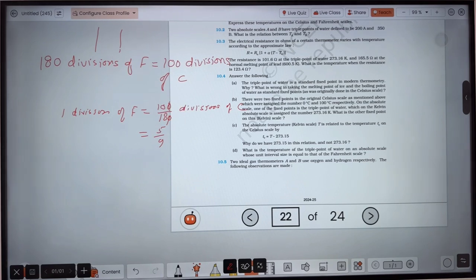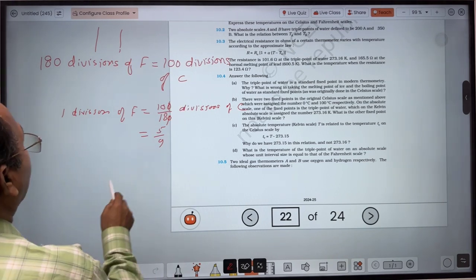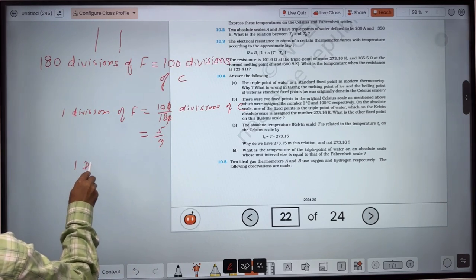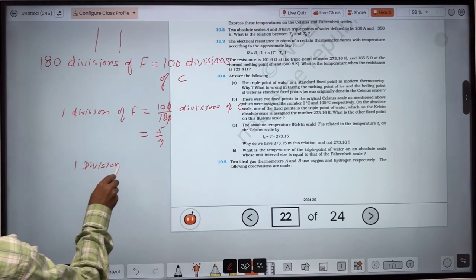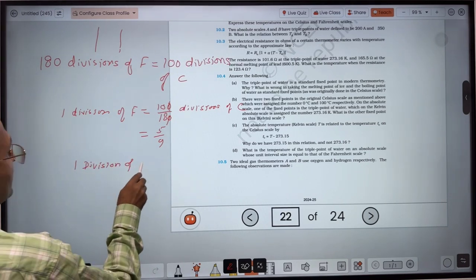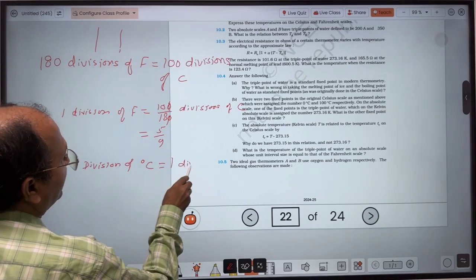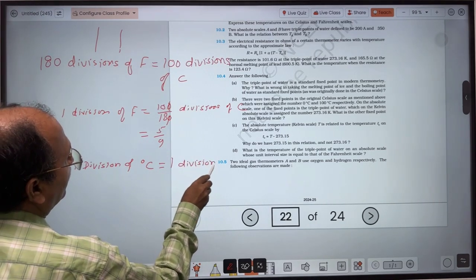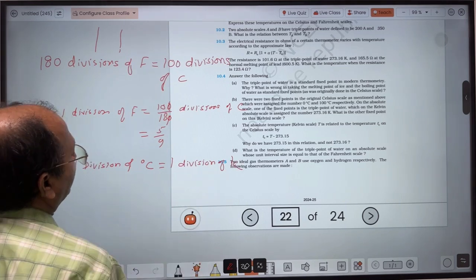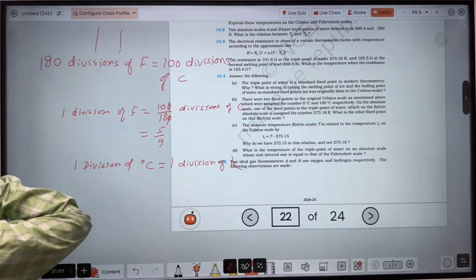Now here there is another concept. 1 division of degree centigrade is the same as 1 division of Kelvin. Correct? Because there are 100 parts in each case.